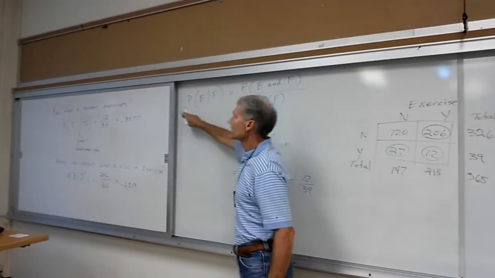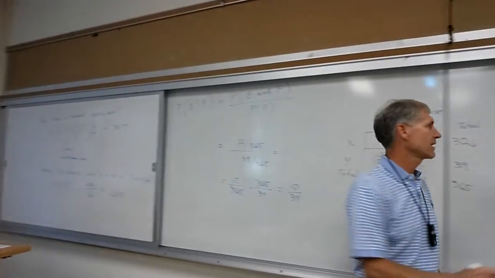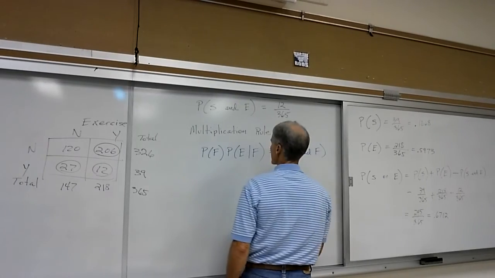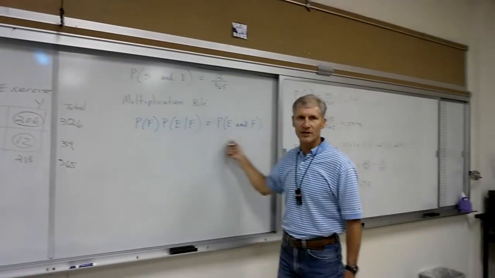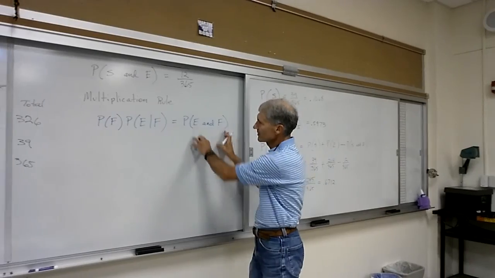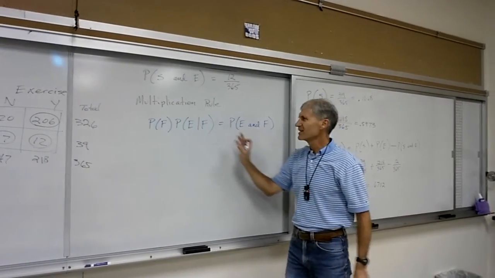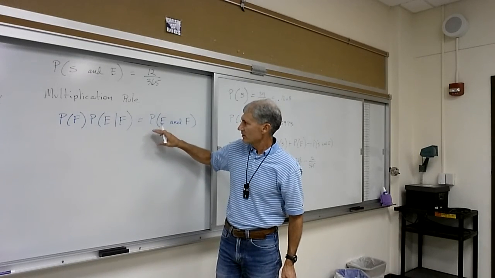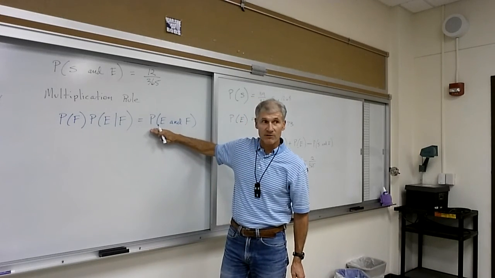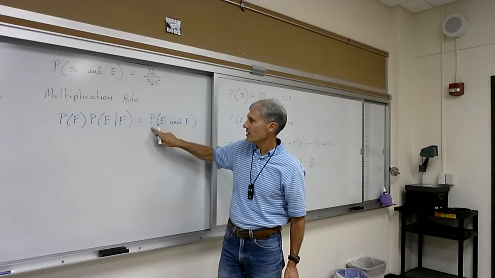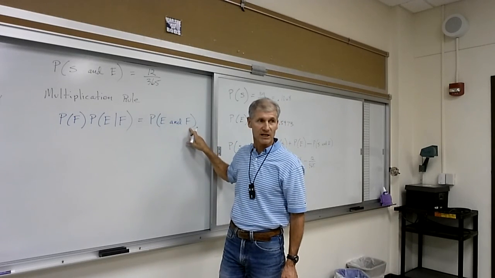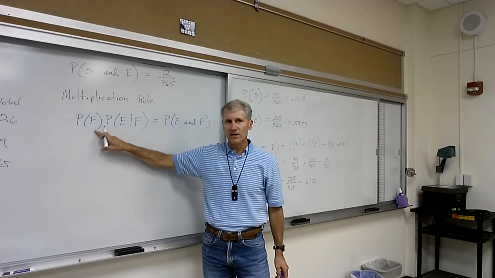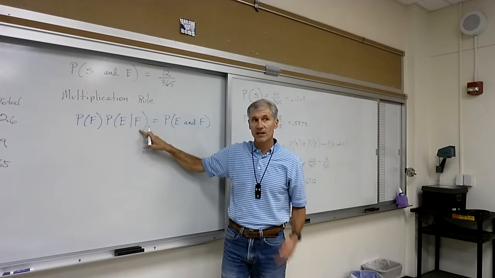I'm left with the probability of E and F. That's called the multiplication rule. In the book, this is written on the left side and this is on the right side. The E's and the F's might be swapped, but don't think of it in terms of memorizing a formula. Think of it in terms of, if I want the probability of 2 events occurring at the same time, then it's the product of one of the events occurring times the other event occurring given that the first one just happened.